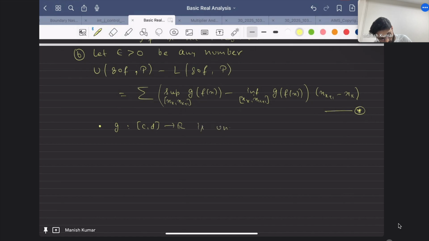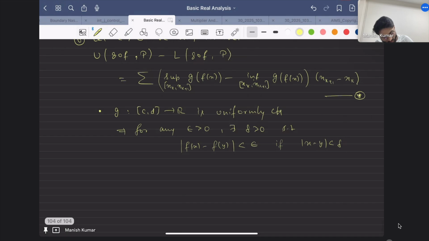This will tell me that if you take g(x) minus g(y), for any epsilon there exists delta greater than 0, such that for all x, y belonging to this [c,d]. Okay, so this is what we have. Let's say this is 1.